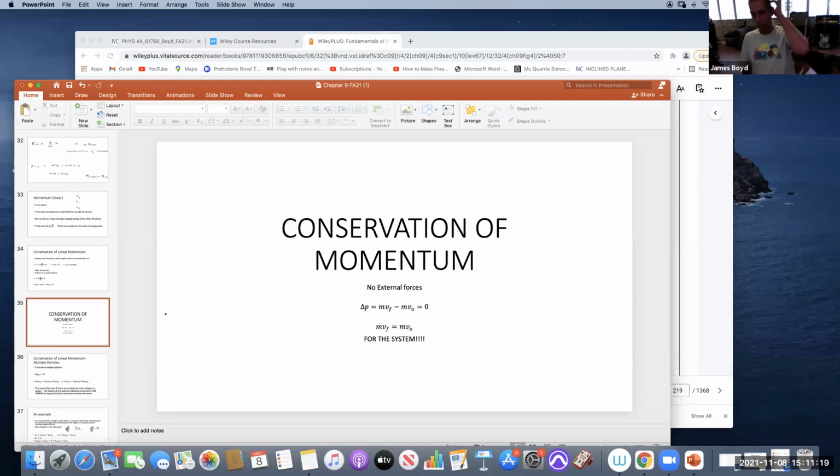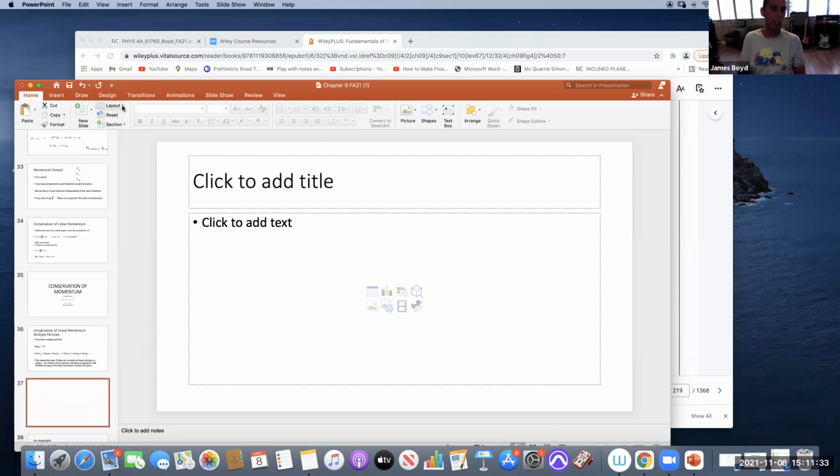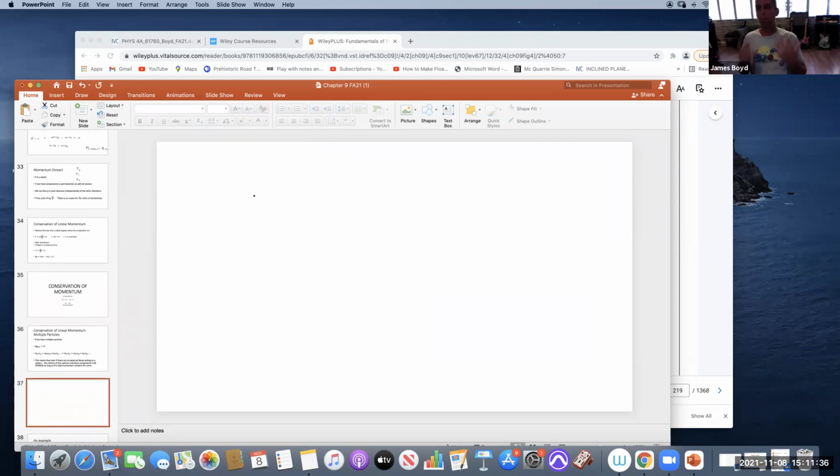Okay, so no external force, conservation of momentum for the system. And I cannot argue that enough. I'm going to talk about an example in a second. So imagine you are one of these lucky people that get to go up into space, and they start letting you go outside the space station.